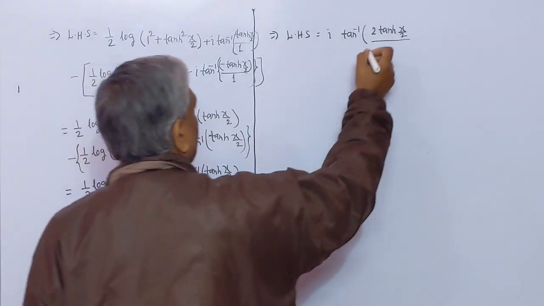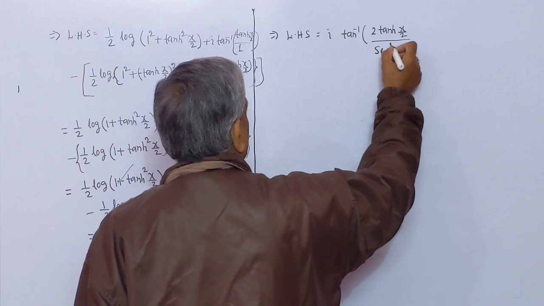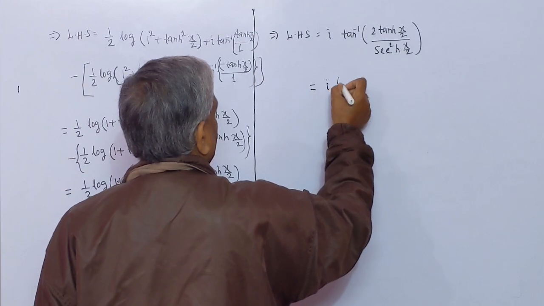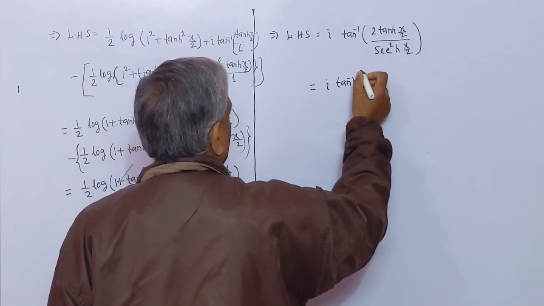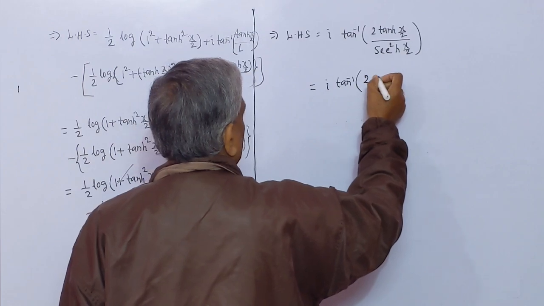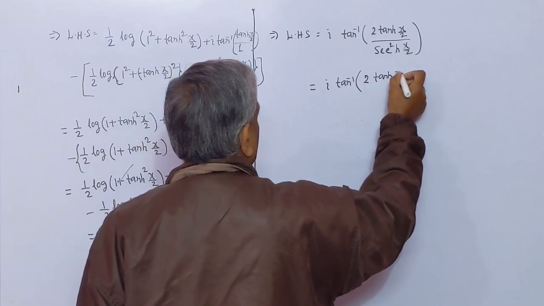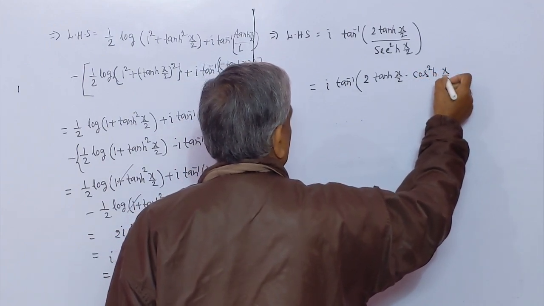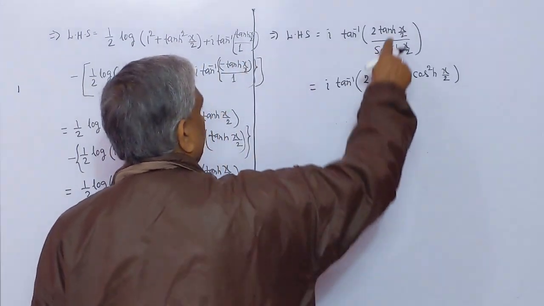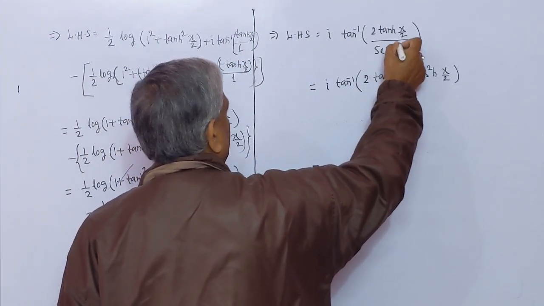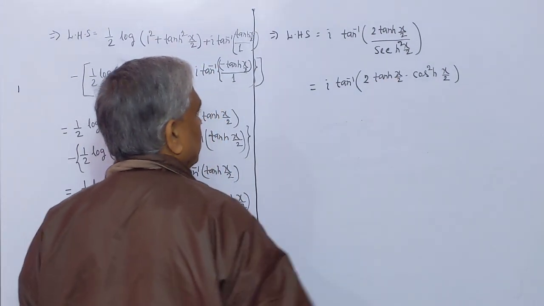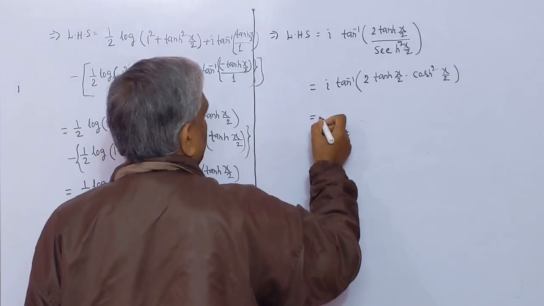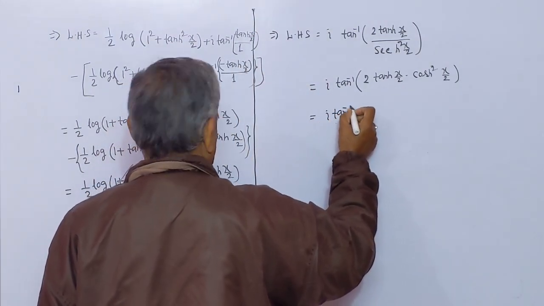This is sech square(x/2), so it equals i tan inverse(2 tanh(x/2) multiplied by cosh square(x/2)), since 1 by sech square is cosh square(x/2).